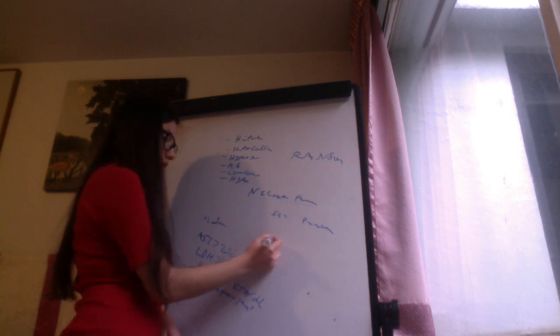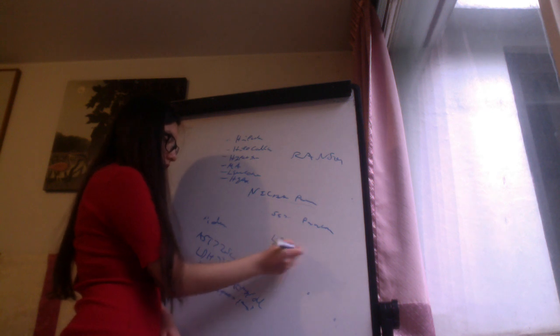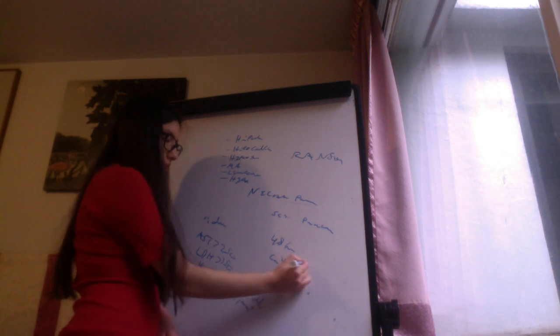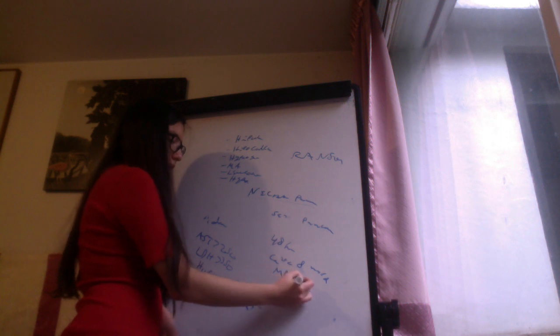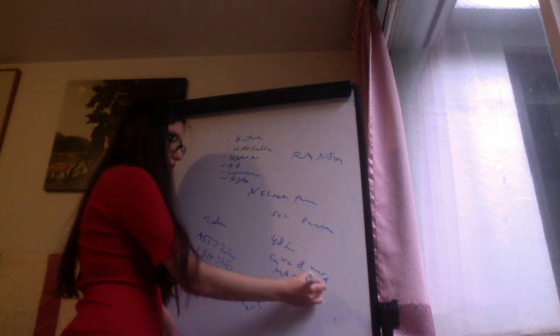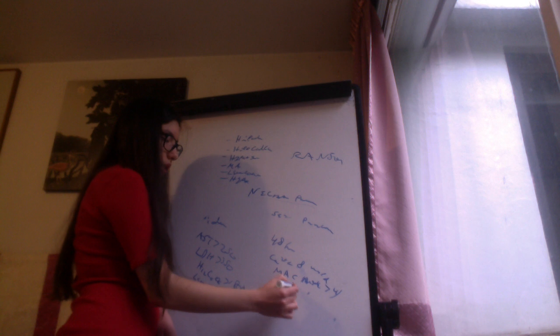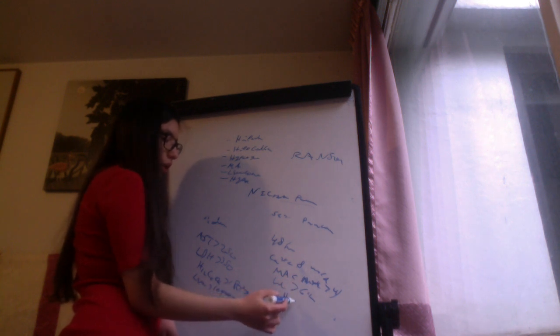And the 48 hours criteria includes the calcium being less than 8 milligrams per deciliter, the metabolic acidosis with base deficit greater than 4, the fluid sequestration more than 6 liters, and the fall in hematocrit more than 10%.